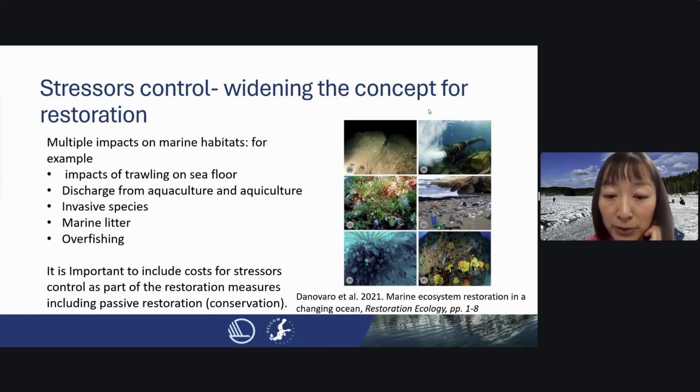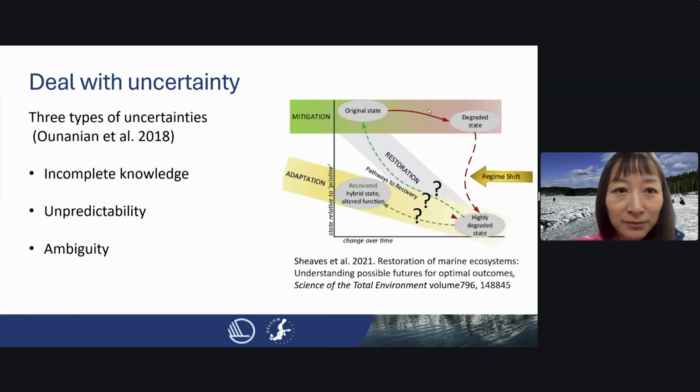That is the marine protected area and also other various types of marine conservation. So if these measures are done together with active ecosystem restoration, the costs related to these measures, the conservation and the stressor control, should also be included and considered.